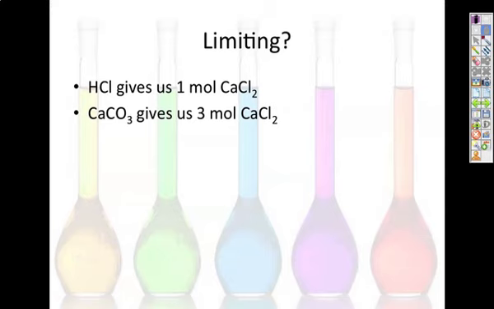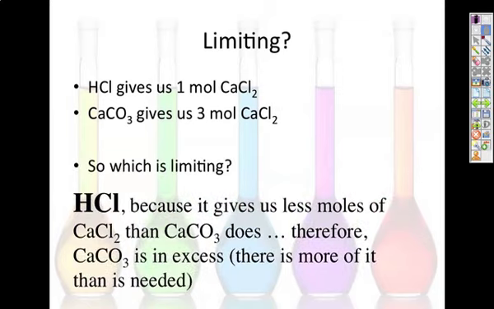The maximum I can get by reacting these initial amounts is 1 mole of calcium chloride. So, the HCl is limiting because it limits the amount of calcium chloride I can get. The calcium carbonate is in excess. There's extra of it. If I had more HCl, I could make more because my calcium carbonate would allow me to do that.